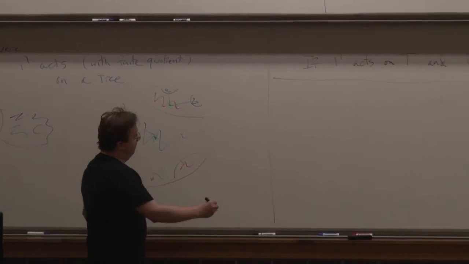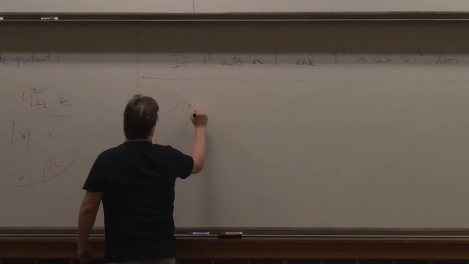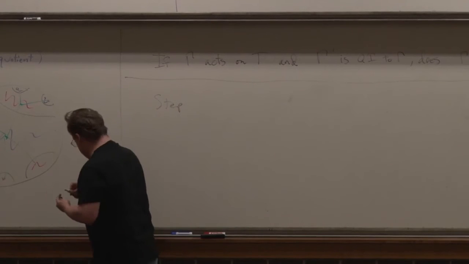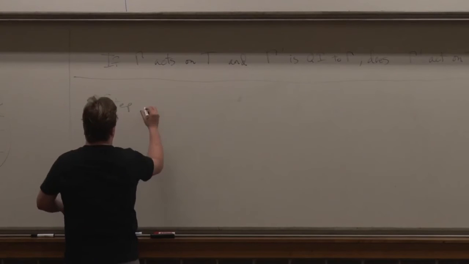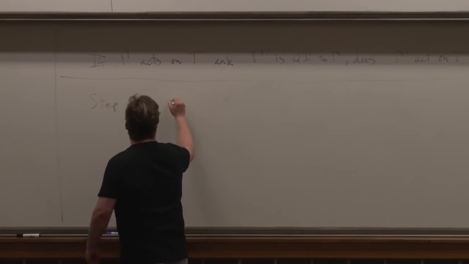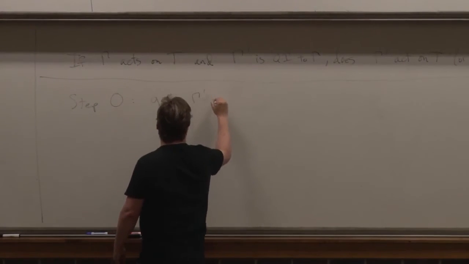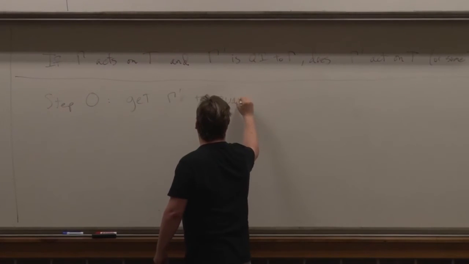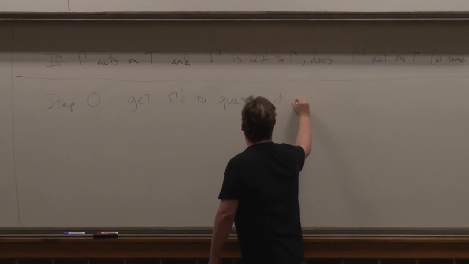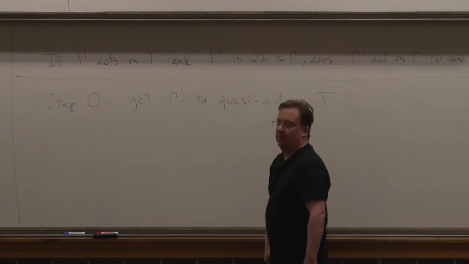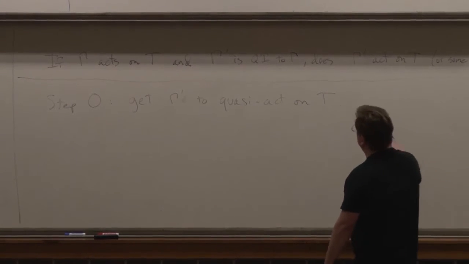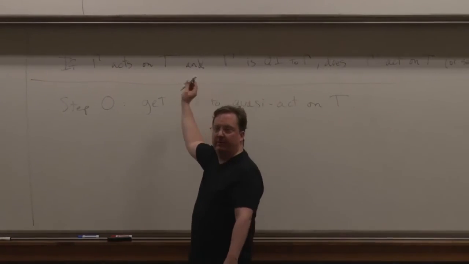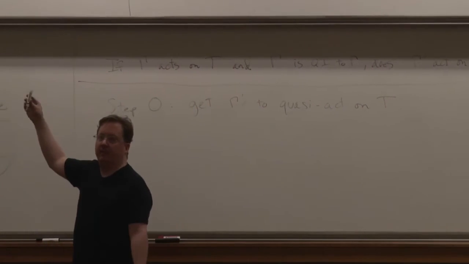So, sort of step 0, and this is the step that usually doesn't work. We said last time if gamma prime is QI to gamma, then gamma prime will quasi-act on gamma itself.